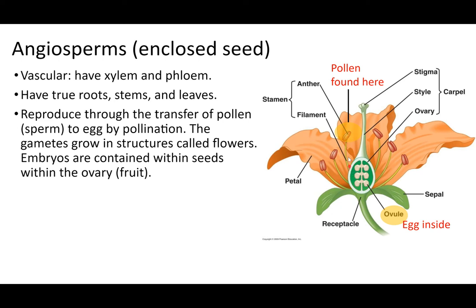And then the filament is basically just a structure that holds the anther up into the flower so that hopefully if a bee or a bird comes by, in order to get nectar or get the fruit from the flower, they'll rub up against the anther, get the pollen on their feathers or their fur, and then they'll fly to another flower and they'll help cross-pollinate the flowers. The petals, they are secondary sexual organs where they basically just help to attract birds or bees or bats or other insects.